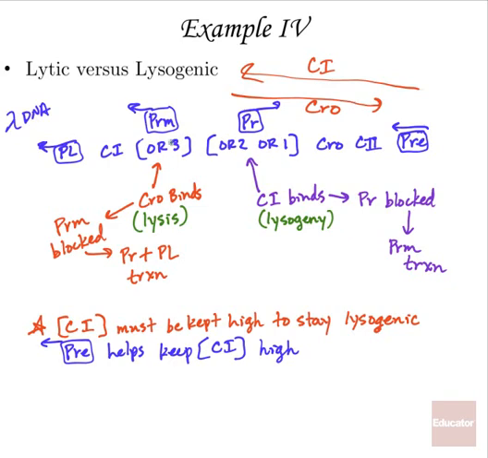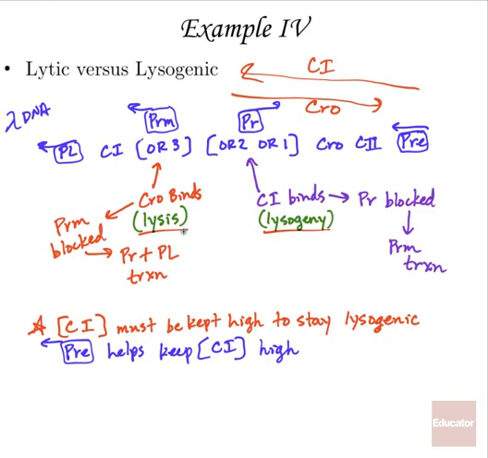That's going to bind this one, blocking the PRM. Therefore, this is going to end up going through a lysis phase. It's going to end up hijacking the cell machinery, killing the bacteria, and exiting out. So if you don't regulate transcription and translation properly, then you're not going to be able to contain whether you're going through lysogeny or lysis.